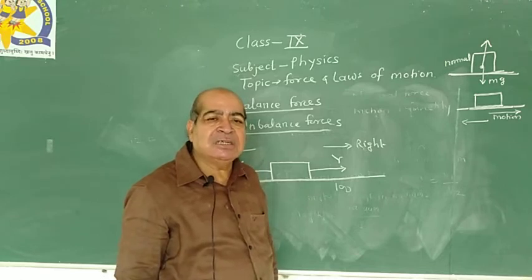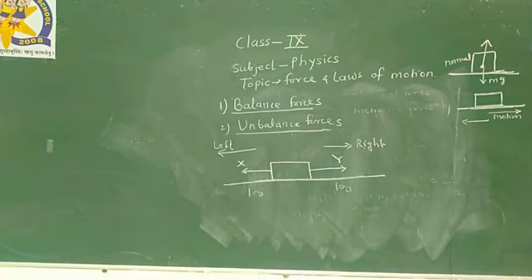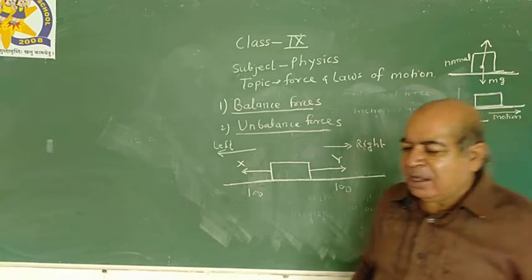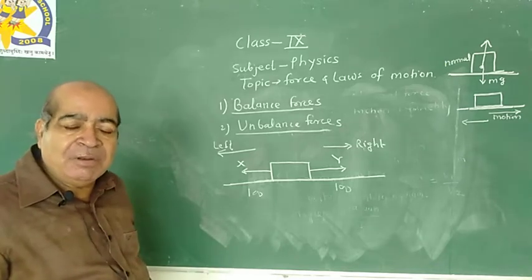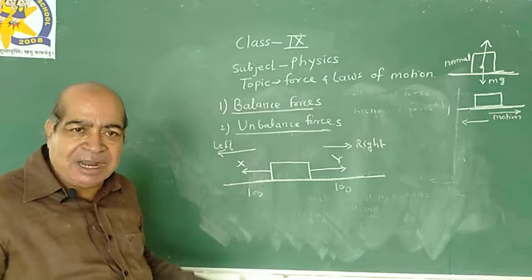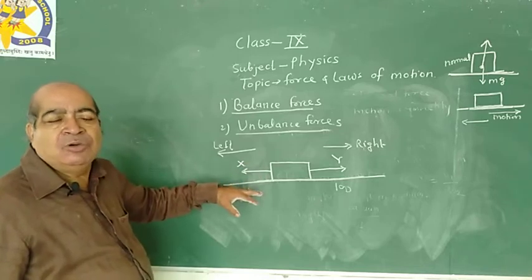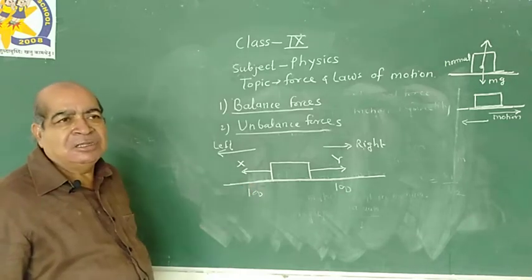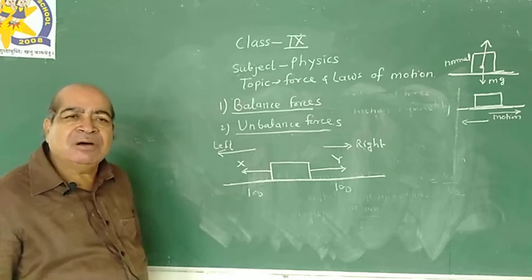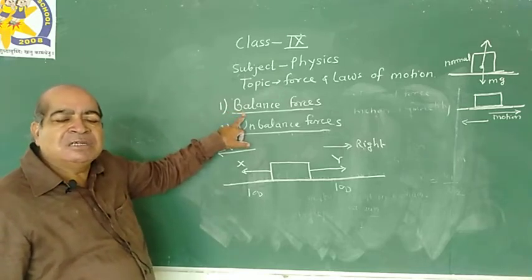Such types of forces which do not change the position of the object are called the balanced forces. Therefore, the balanced forces are defined as when two or more forces are acting on the object simultaneously, that means at the same time, and they do not change the state of rest or the state of uniform motion, this type of forces are called the balanced forces.